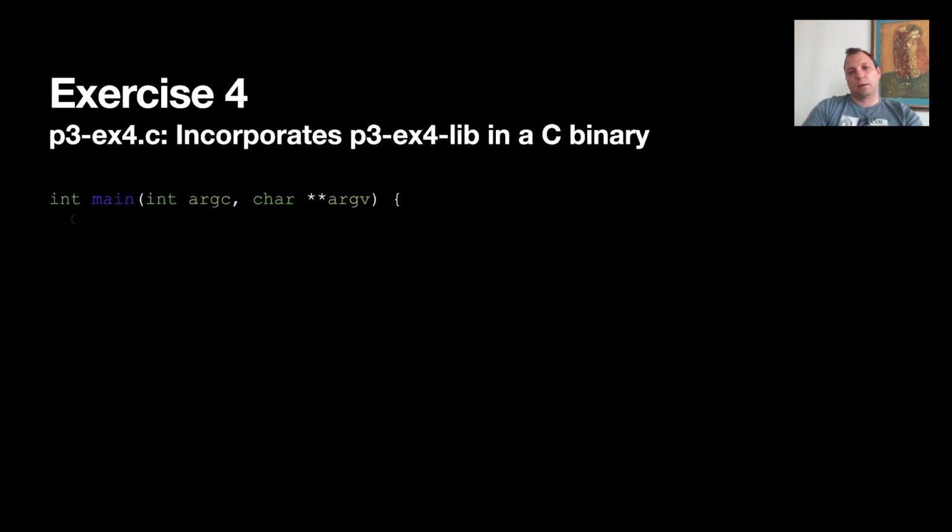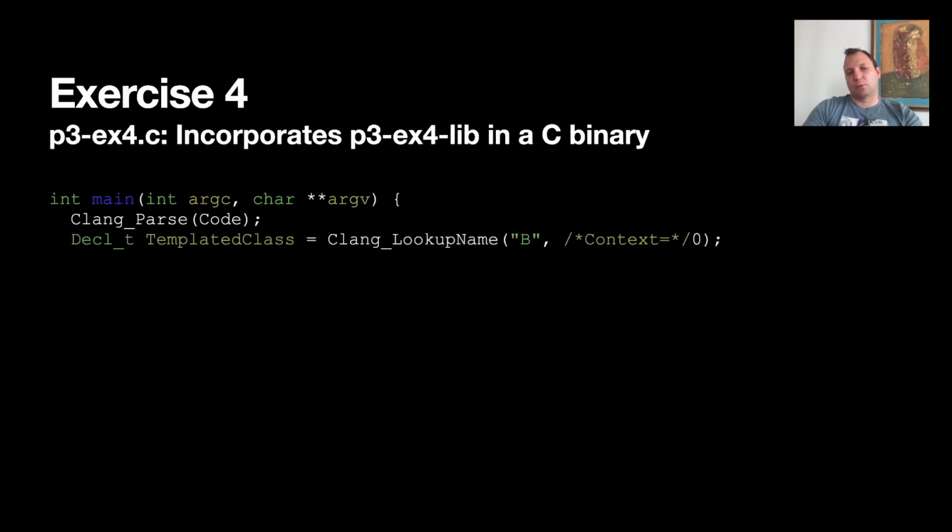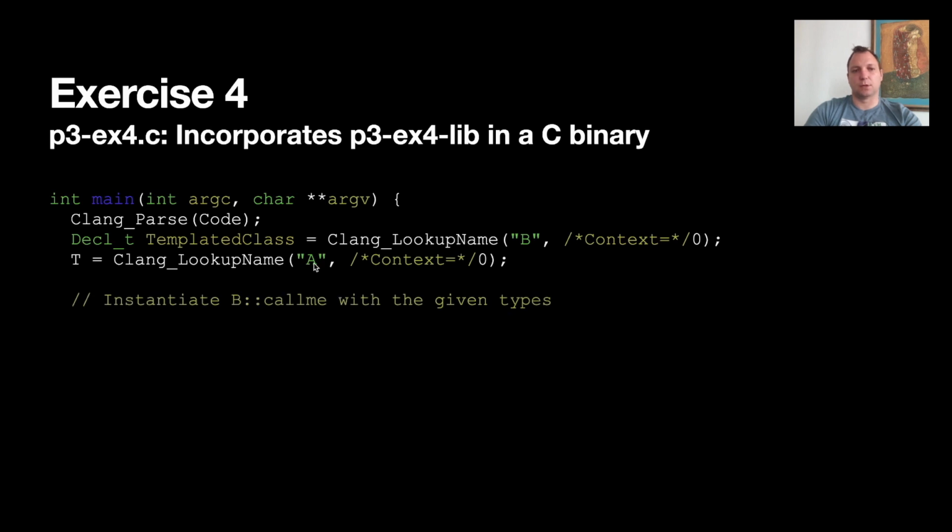Now, the next thing is how we build the binary. We use our library, we include the header file, then we say parse this code that we have just shown, and find the template class B, which gets us a pointer to an AST node.